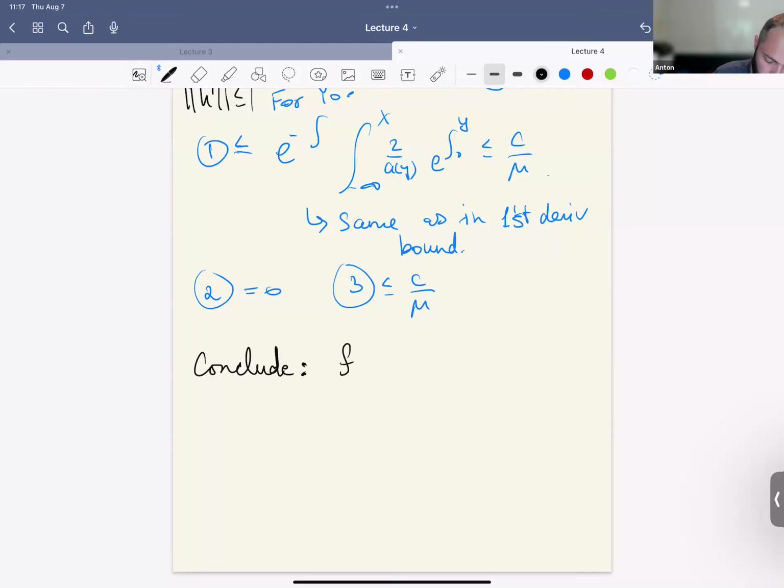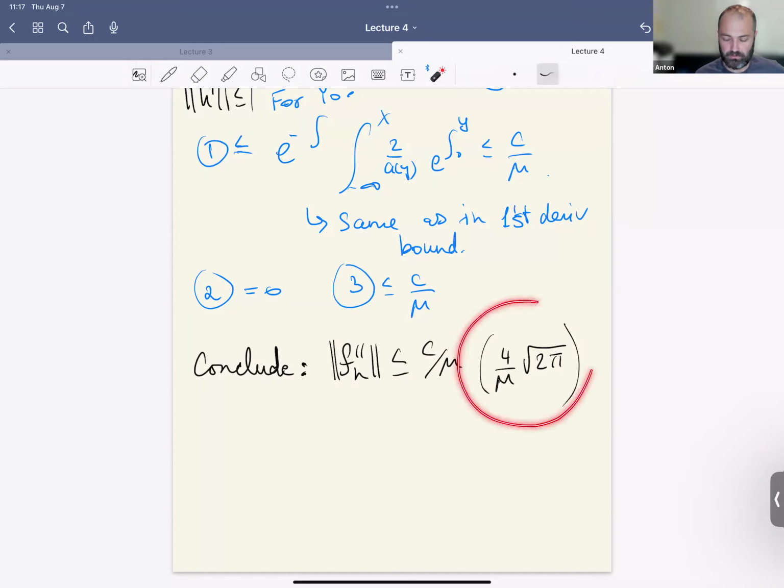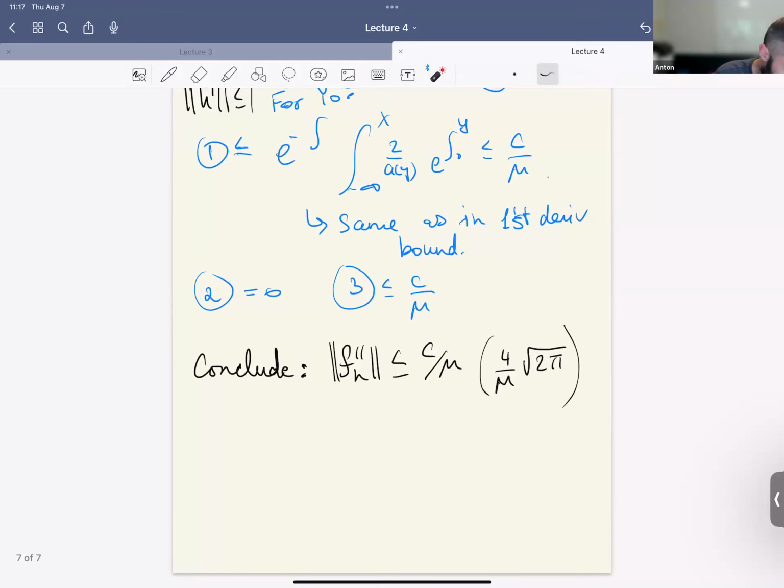Conclude f double prime is less than or equal to c over mu. And actually, this is not the best bound, but I think this is what I wrote down. So if you follow this approach, and if you want a homework problem, try to show this bound. Okay, that's something achievable. It's not too hard to achieve.